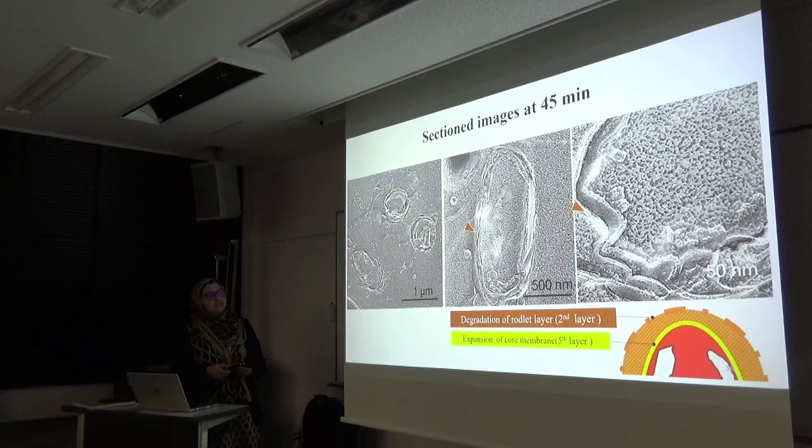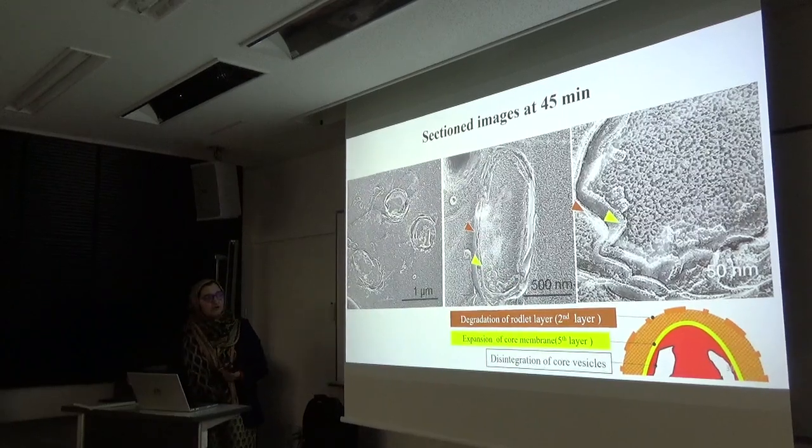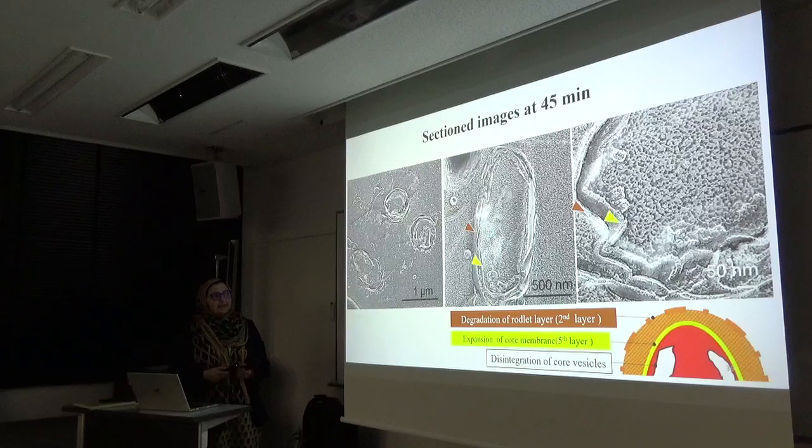It's clearly seen in the germinating spore that this yellow triangle indicates the core membrane, and we could clearly see the increase in its area during germination. Then we could also see some degrading remnants of the core vesicles. So it means that during the 45 minutes, internally the core expands and these core vesicles are disintegrated.